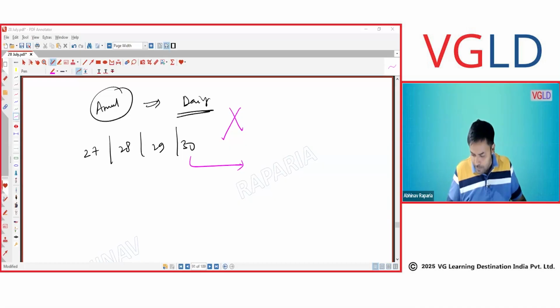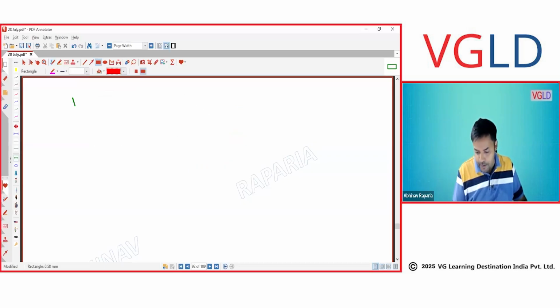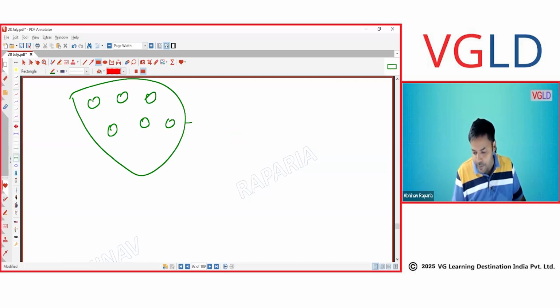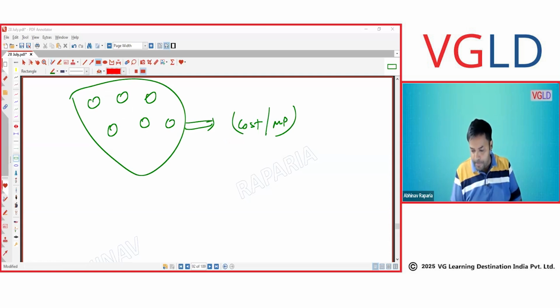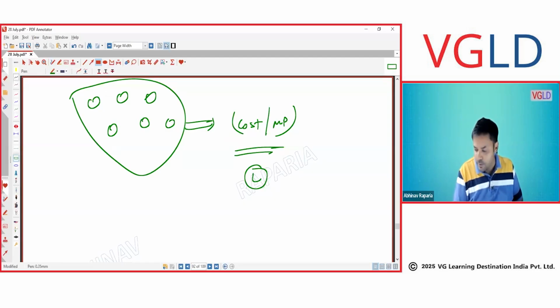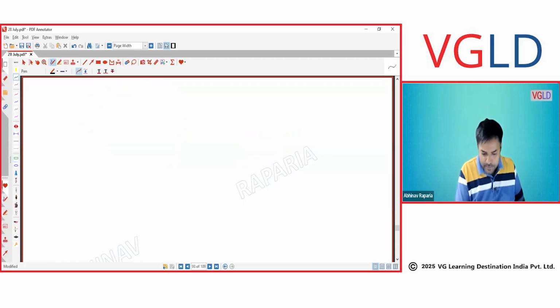Generally, whatever inventory we have in stock, we value it at cost or market price, whichever is lower. Let's try one question.